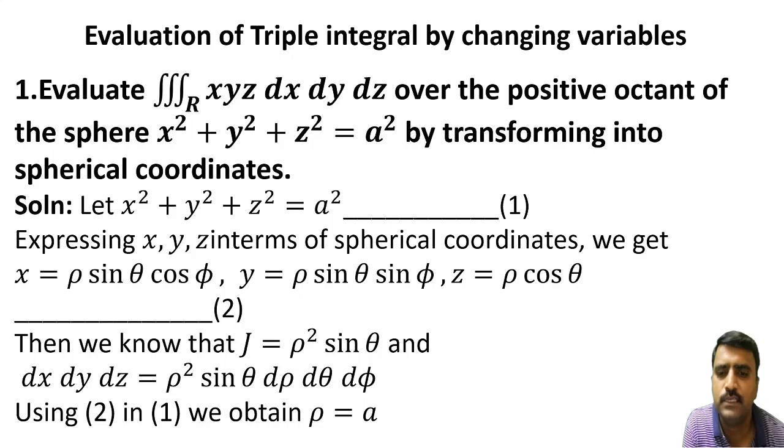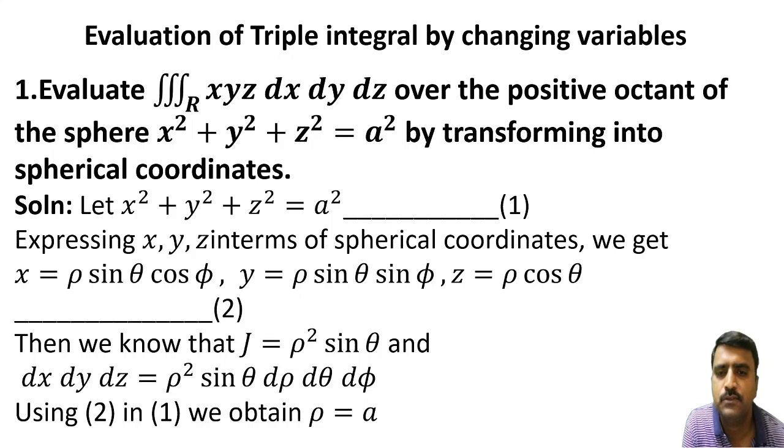If we square and add all x, y, z, it gives rho square. You can go and check those values: x square plus y square plus z square gives rho square.